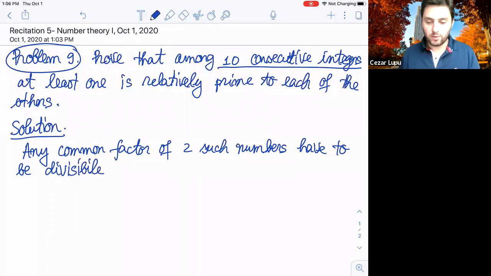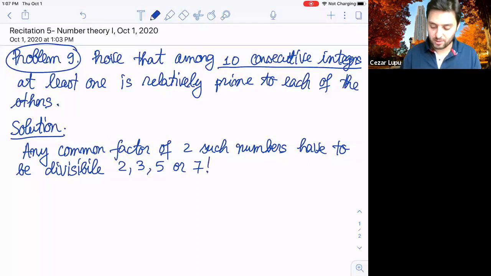Well, by 2, by 3, by 5, or by 7. Is that right? Keep in mind, this is the starting point of the problem. This is the main observation, I would say. So any common factor of two such numbers has to be divisible by 2, 3, 5, or 7.